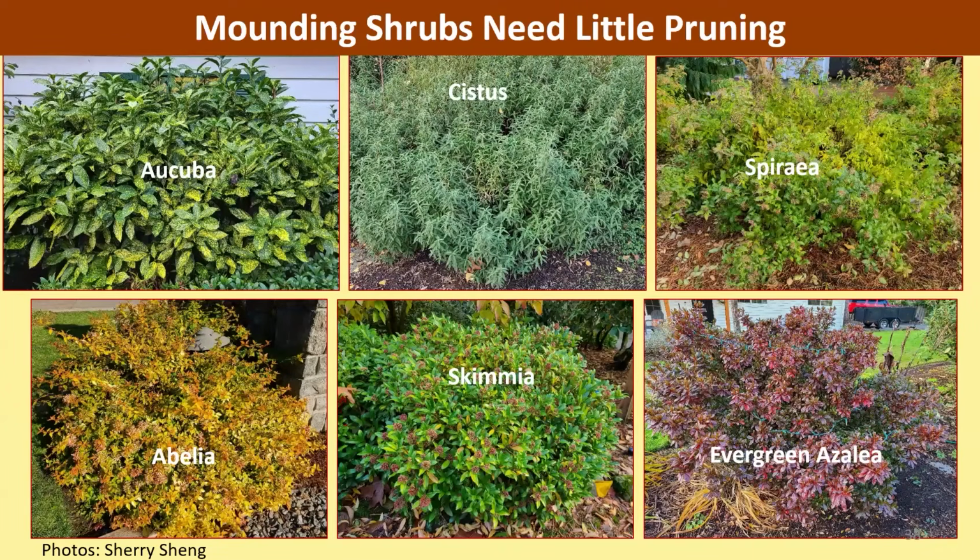With these shrubs, they really need no pruning other than if you find something poking above the frame, the mound, like the spirea here, too many vigorous, crazy shoots coming above the framework. Simply grab it, go down a few inches, and cut it in the center and call it good.